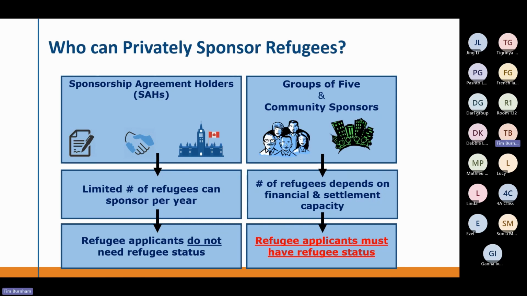Now, these are some of the differences between these types of groups. So sponsorship agreement holders can sponsor a limited number of refugees each year. And the refugees that they sponsor do not need to have refugee status.